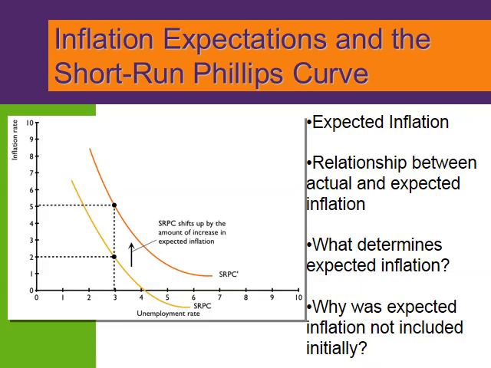So inflation expectations translate into actual inflation rates because our behavior creates a self-fulfilling prophecy. Higher inflation expectations shift the short-run Phillips curve upward. At any level of unemployment, inflation will be that much higher. Of course, that also works in reverse. Lower inflation expectations shift the short-run Phillips curve downward.